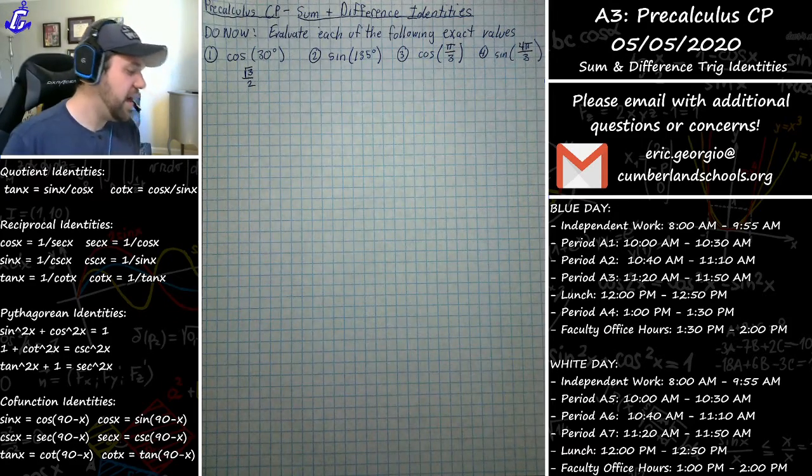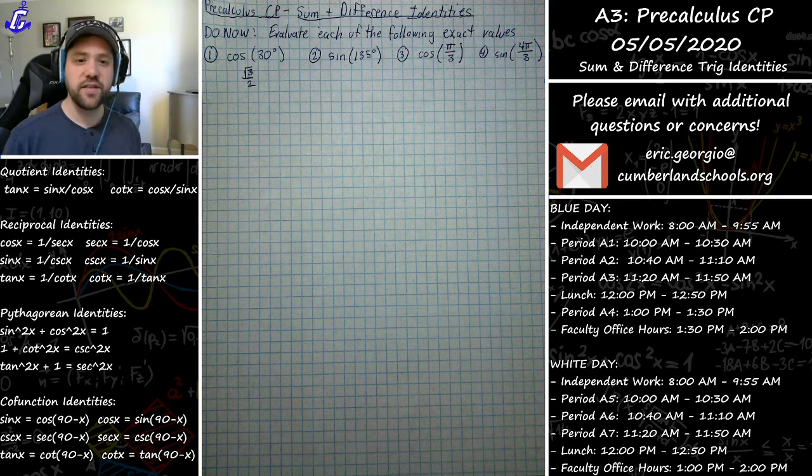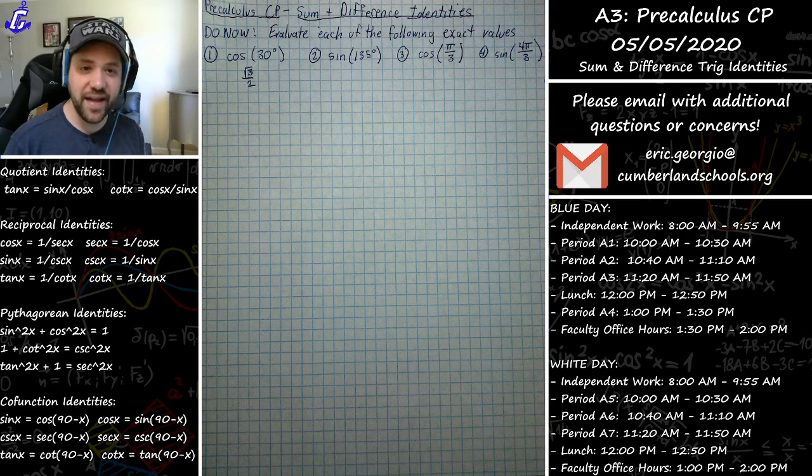How about the sine of 135 degrees? That's second quadrant. It's one of your pi/4 angles. What's going to be the sine of 135 degrees? We got a negative root 2 over 2, says Jake, which is super close. I wouldn't say it's negative, though.